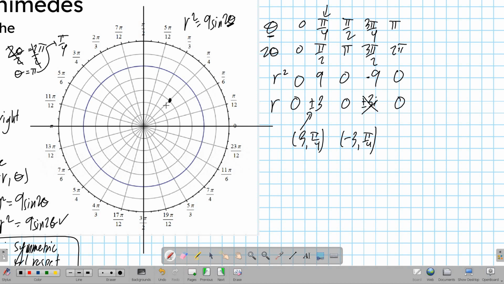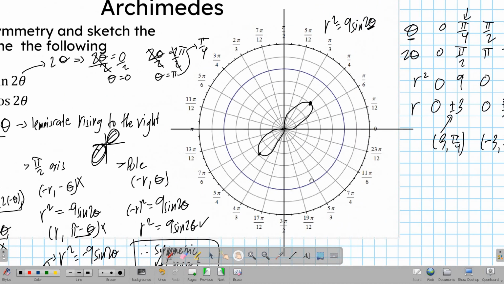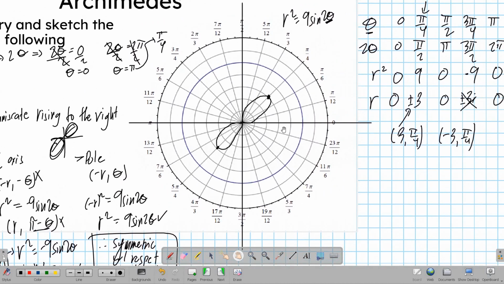We have here the negative 3 pi over 4, 1, 2, 3, here. So it's a Lemniscate, so it should somehow look like an 8, which, let's make one a bit thicker. There you go. It looks like an 8, yes. It's rising from the right. So that's the graph of r squared is equal to 9 sine 2 theta.